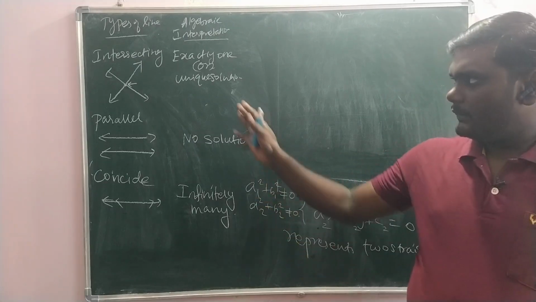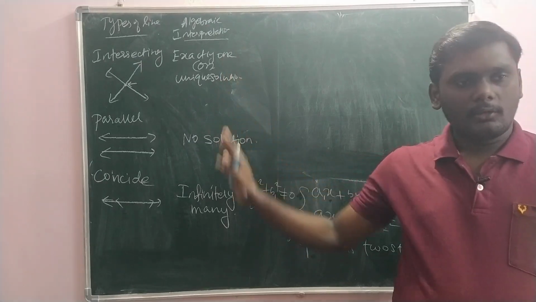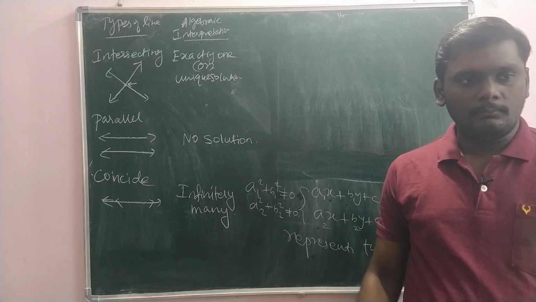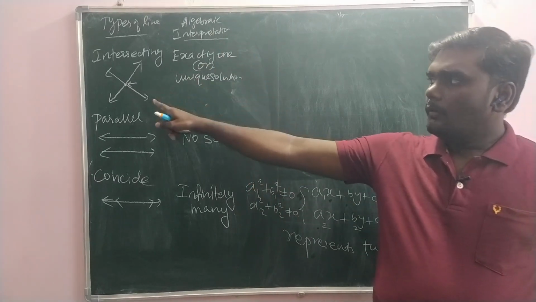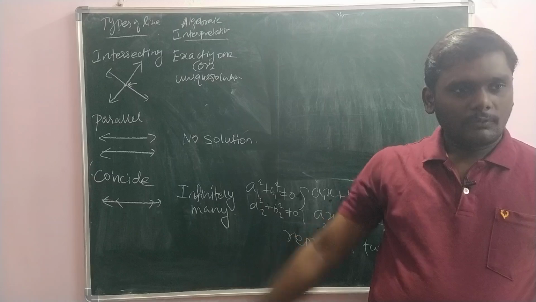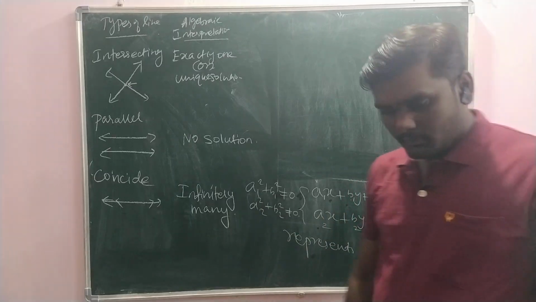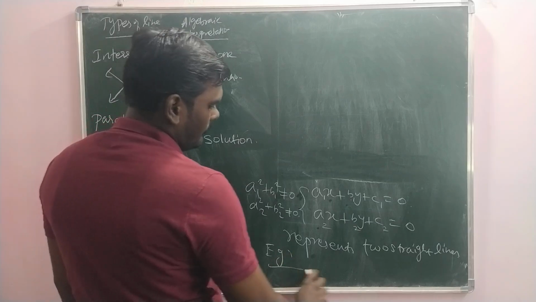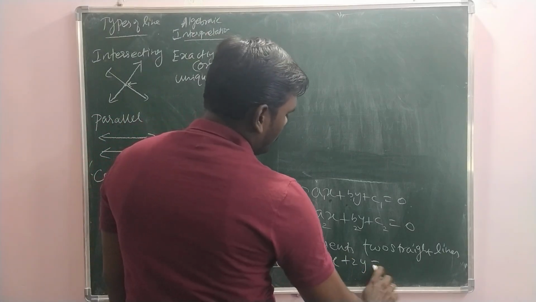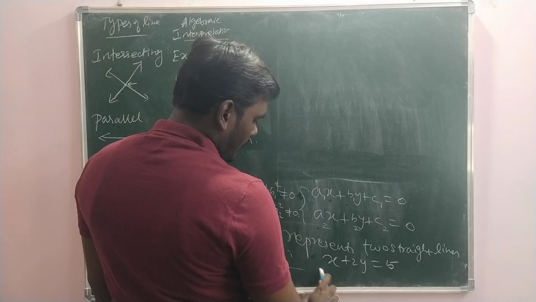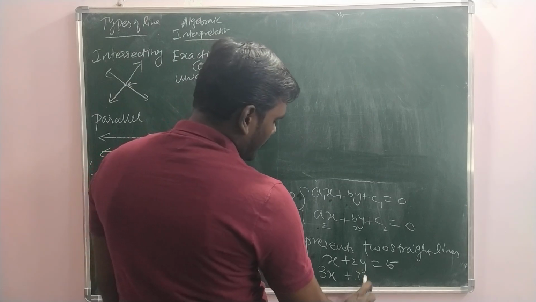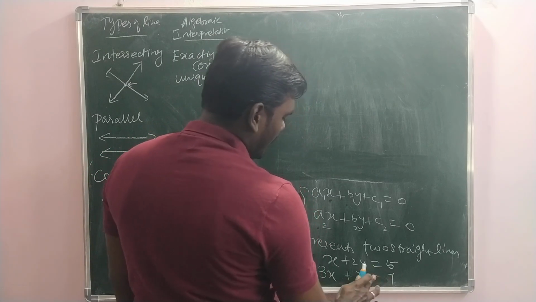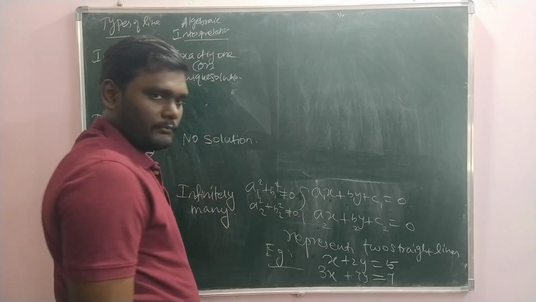But the point is, to check what kind of lines two equations represent, you should draw the graph of each equation. For example, take x + 2y = 5 and 3x + 7y = 7. This kind of two equations we may take.